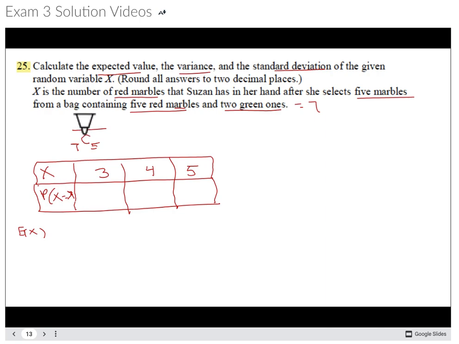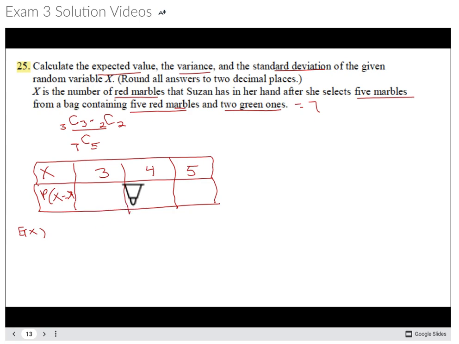In the numerator, how many red ones do we want? We're looking to get 3 out of the 5. And then how many green ones? We're looking to get 2 green ones out of the 2 green ones. So this is going to be the calculation that gets us down here.